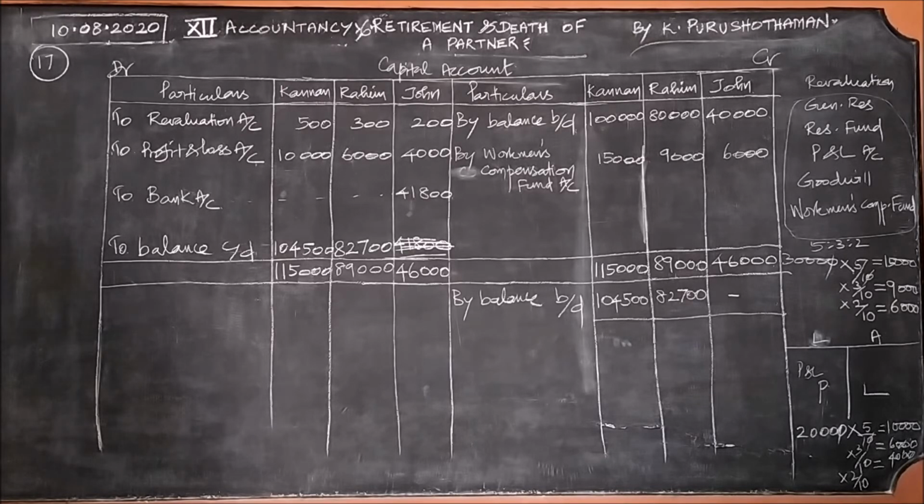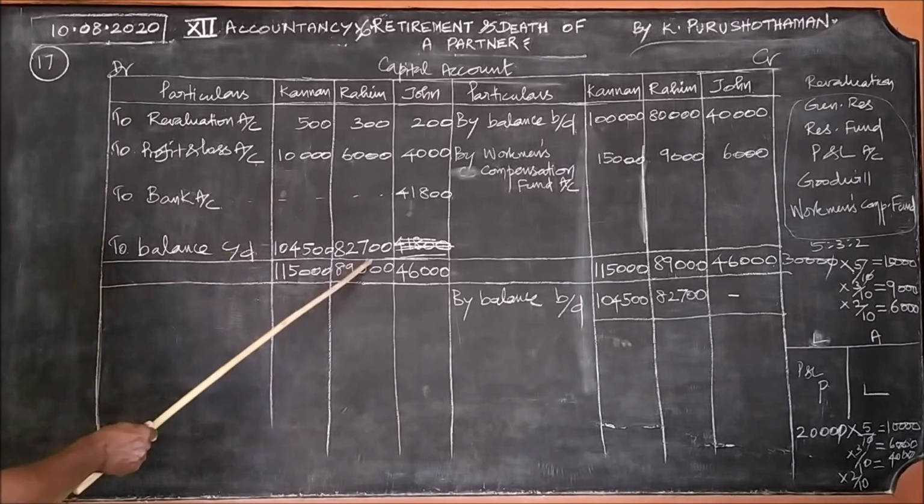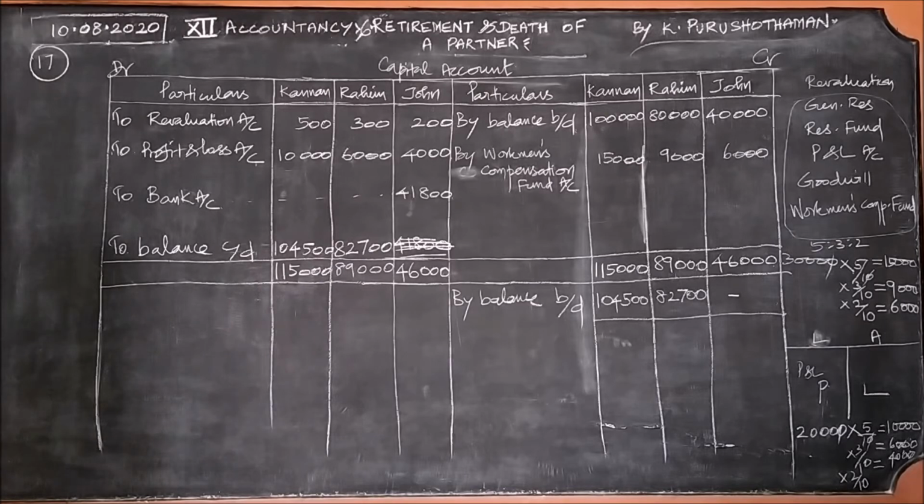According to the particulars given, cash at bank is available. Therefore, we can write To Bank Account 41,800. And for the remaining partners, other than the retiring partner, it should be written as the balance carried down like this. So, this carried down is written there as brought down.